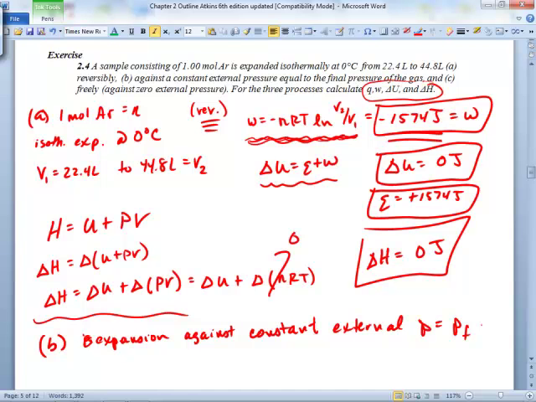I don't know. However you want. If you want to write out more, go write out more. Right? Is it still isothermal? Yeah, I should have wrote isothermal, right?